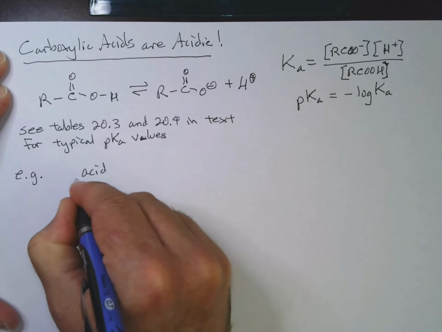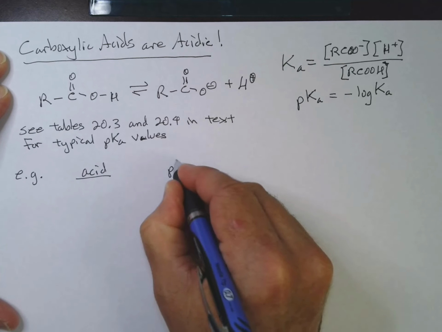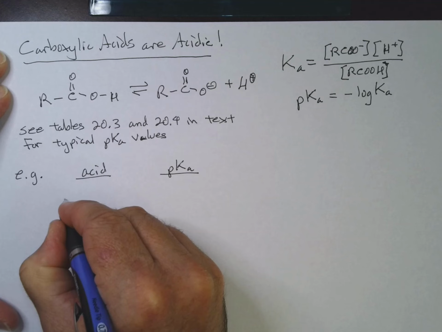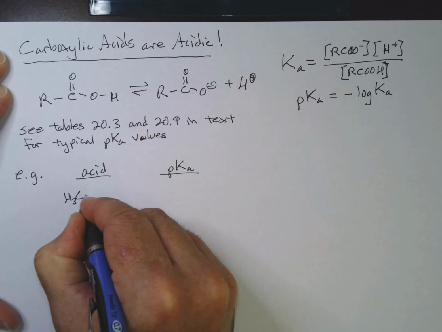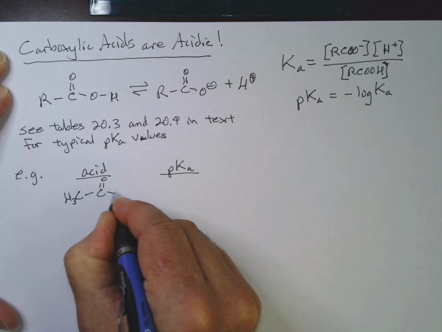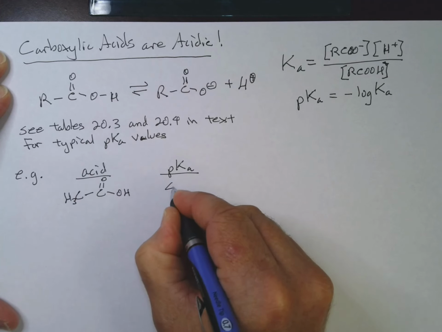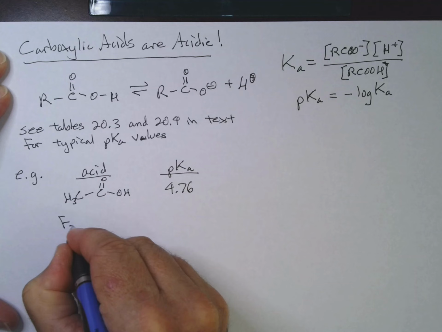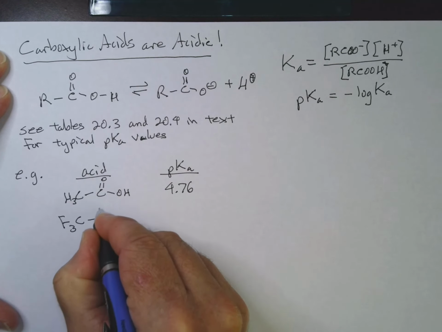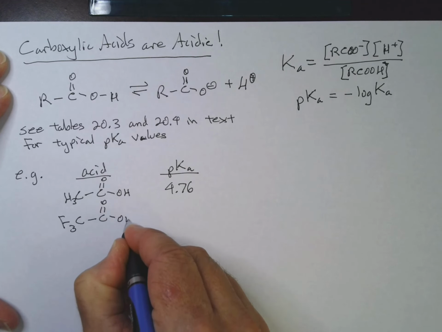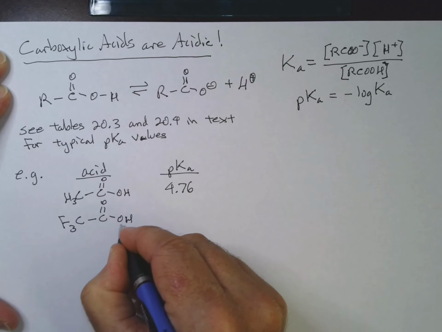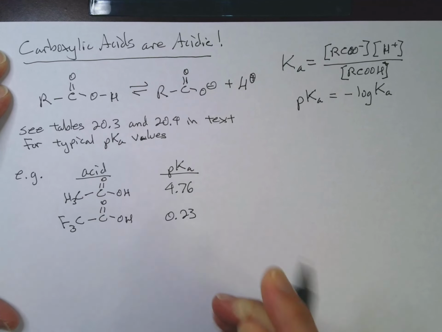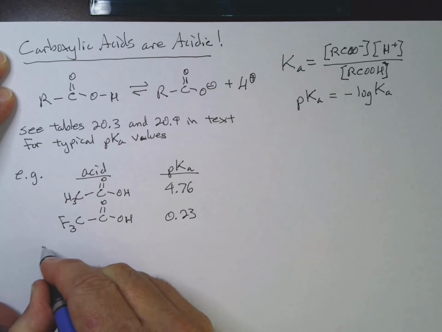So let me draw some acid structures and then give their pKa's. So something like acetic acid has a pKa of 4.76, but trifluoroacetic acid with 3 fluorines attached to the carbon, the alpha carbon, has a pKa of 0.23, which is a borderline strong acid.